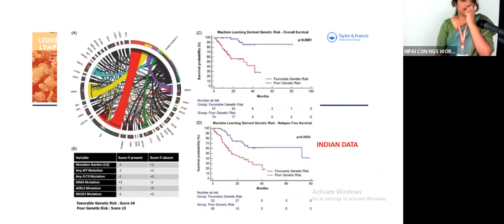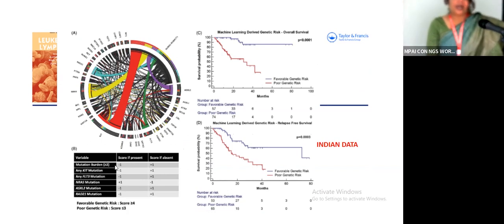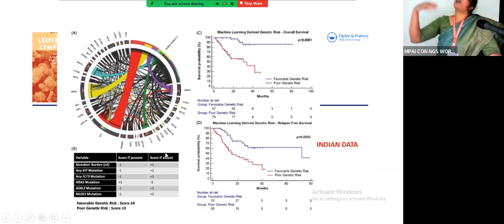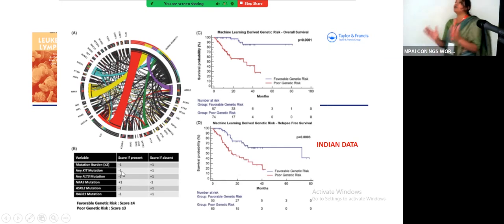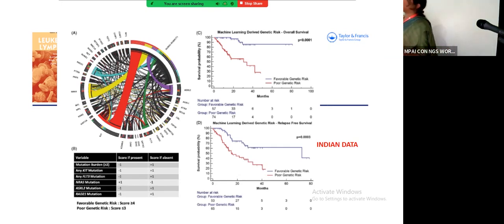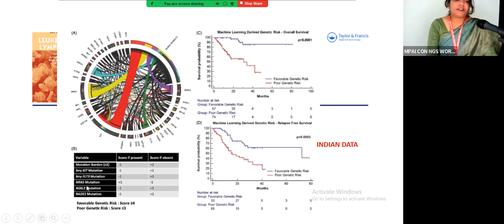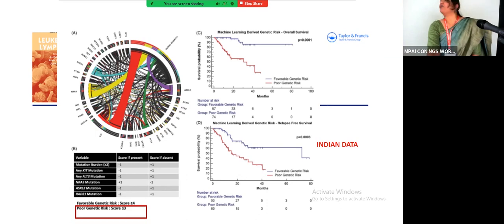So this is again by the legend himself, on translocation 8;21 associated NGS mutations. We found in this study that if the mutation burden of translocation 8;21 mutated AML was more than or equal to 2, with concomitant presence of KIT, FLT3, NRAS, and other mutations, they scored it and found that if 2 or more mutations are present, it is going to have a poor genetic risk.